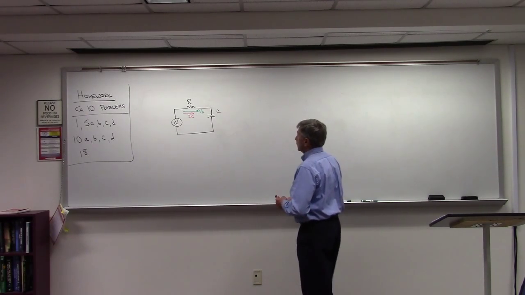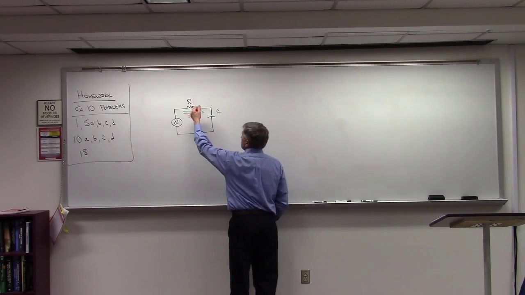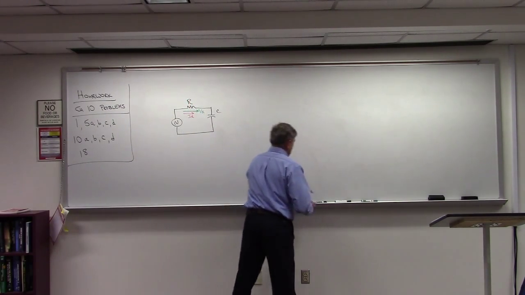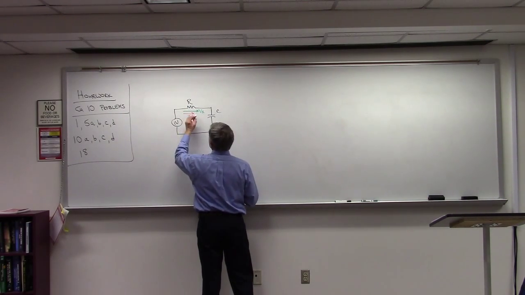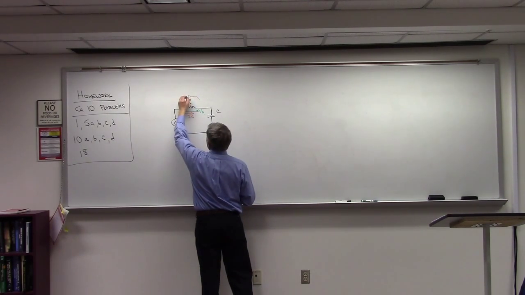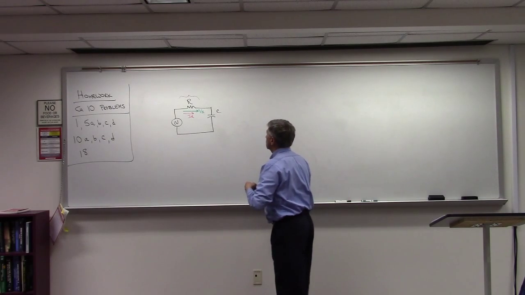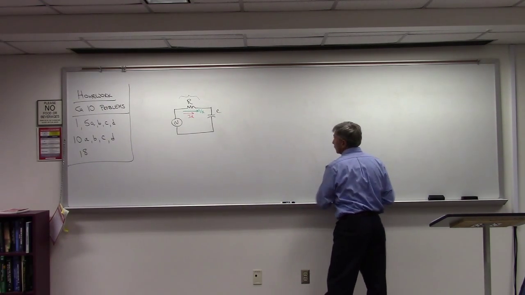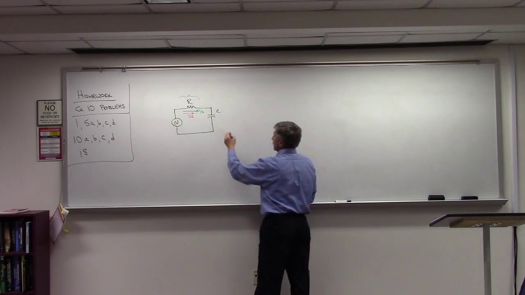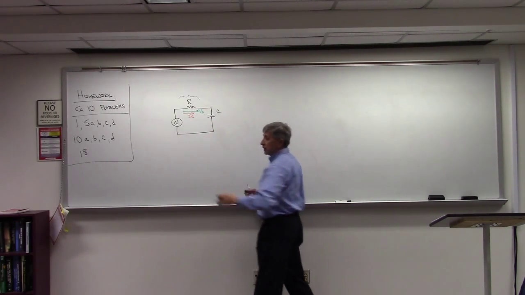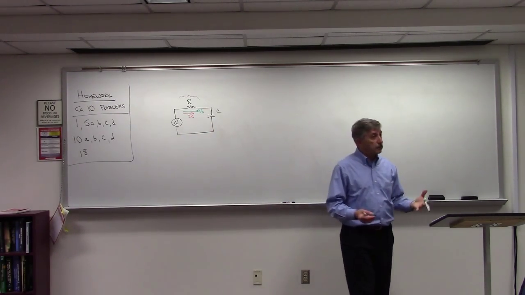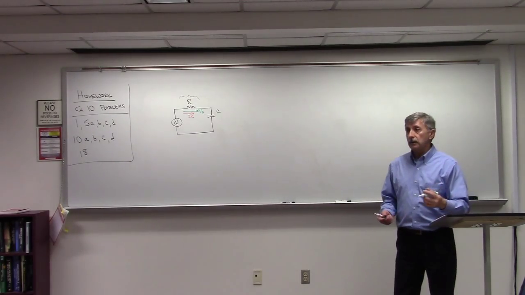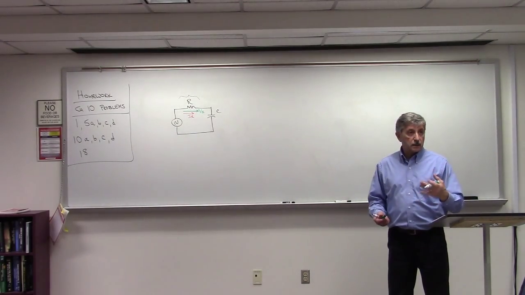However, when I do the same thing for the capacitor, I have to use vectors that are offset by 90 degrees. And I know that in a series circuit, the current is the same everywhere.